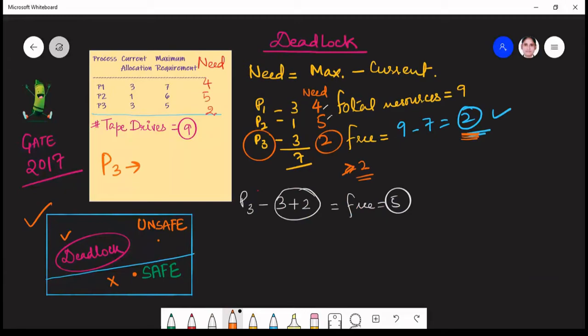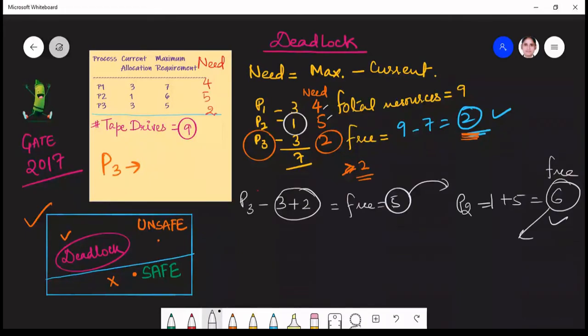Let's say these 5 resources are given to P2. P2 is currently holding 1 resource and 5 resources are given to it externally, so after completing its execution, it will free 6 resources.